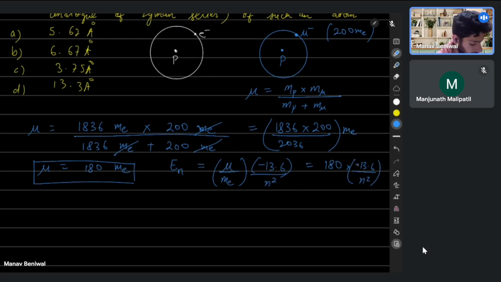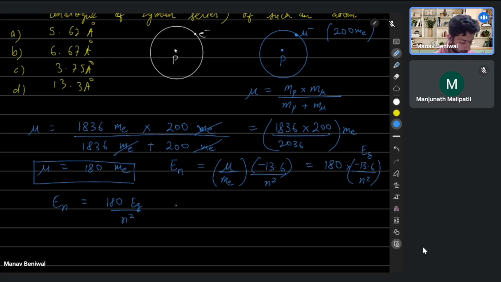Let's say this minus 13.6 is the ground state energy Eg. So you can write En as 180 Eg over n squared for this muon-like atom.